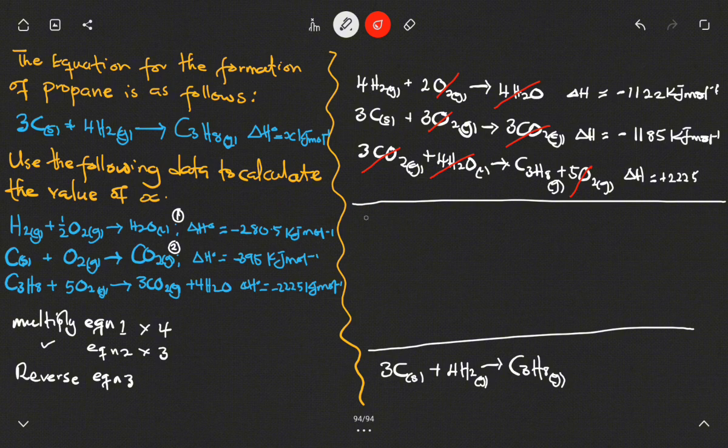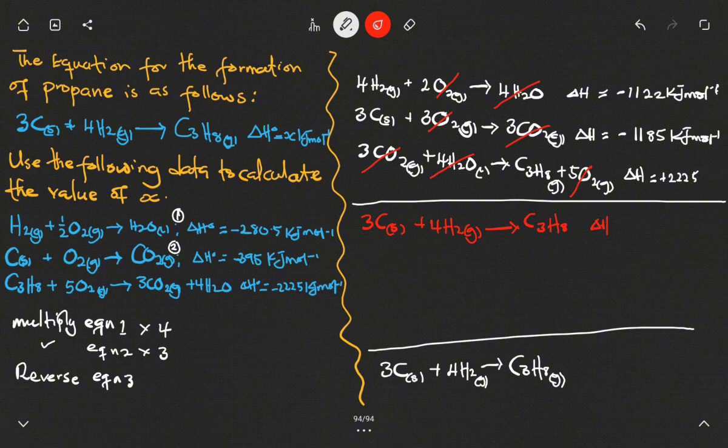We have 3 moles of carbon, and then we also have 4 moles of H2 gas, and then on the right we have C3H8, that is the propane. So since we've added these equations, we also need to add the enthalpy change.